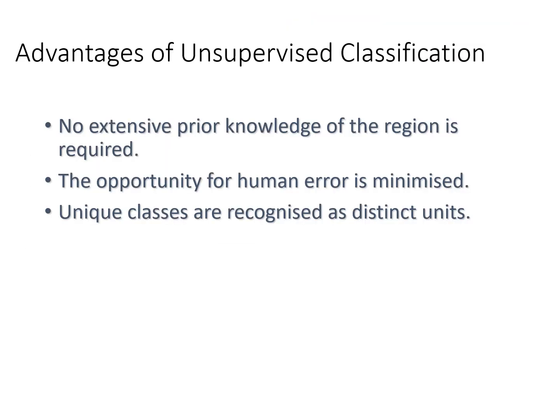Advantages of unsupervised classification: there's no extensive prior knowledge of the region that's required. Knowing as much as you know about Fort Collins and the area around it now, you ought to be able to look at an unsupervised classification and assign labels to each one of the classes.